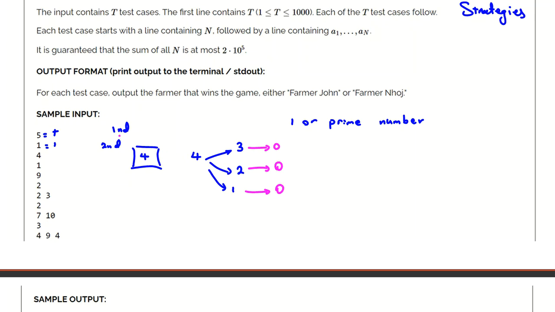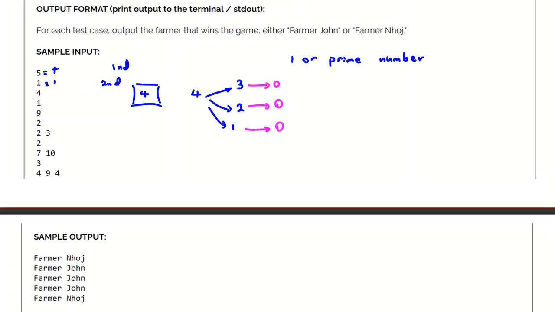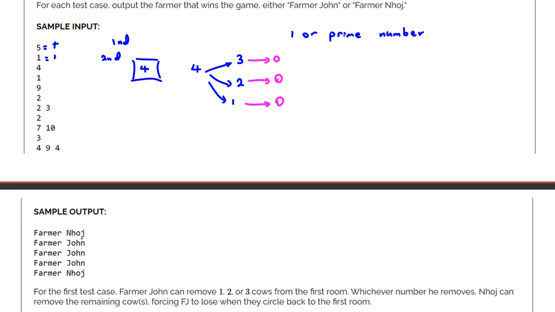Then when first player wants to play, he cannot do anything. Why? Because there are 0 cows here. So for this one, which player is the winner? Second player. I've explained this one. Second player is the winner.